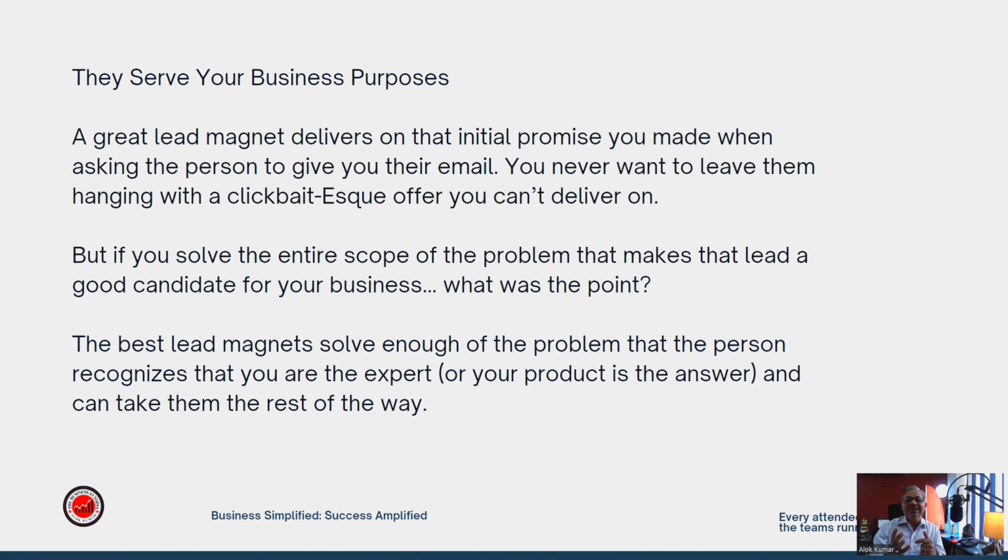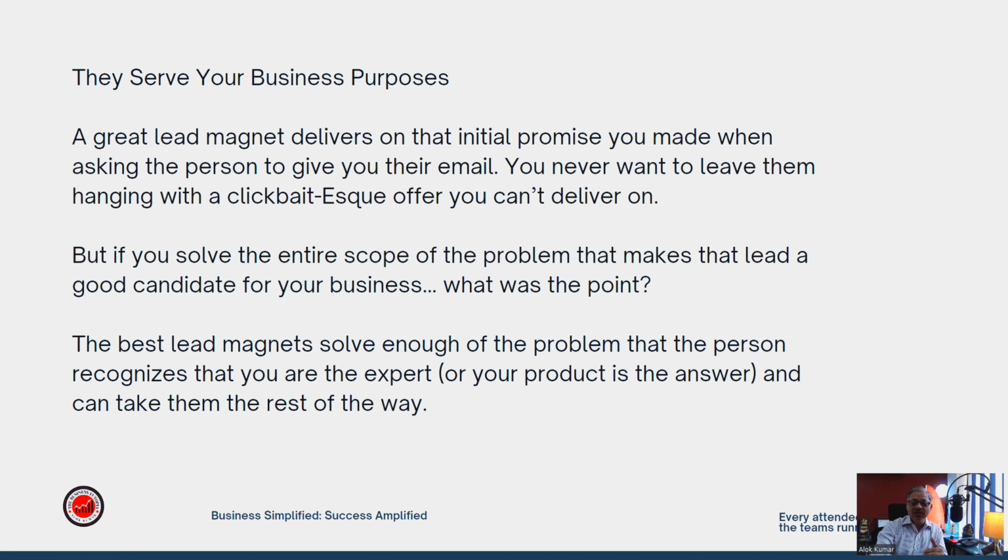The best lead magnets solve enough of the problem that the person recognizes you as an expert, right? Your expertise is going to give the answer to their problems or the solution to their pains, and your lead magnet can take care of the things they are looking for, what you promised.